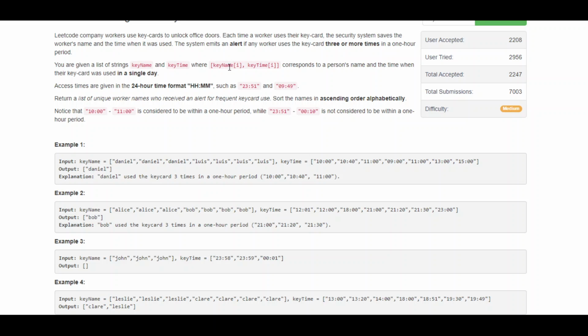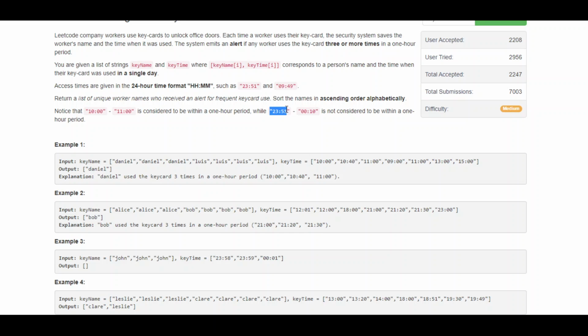So there are a few things that we need to pay attention to. One of them is that we are using the 24 hours time format. So we go from 0000 to 2359. The next thing that is important to notice is that, as they say in here, when we go from one day to another, it is not considered to be in the same hour.